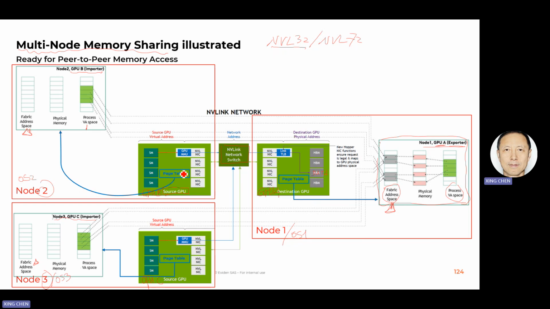So the first step is that the GPU needs to read the data. The first thing GPU B here is going to do is look up the virtual address from its virtual address space.